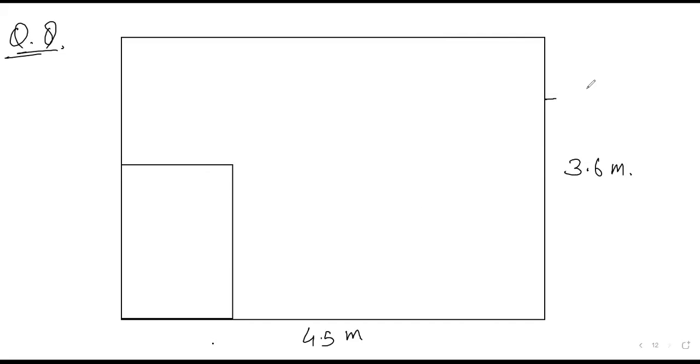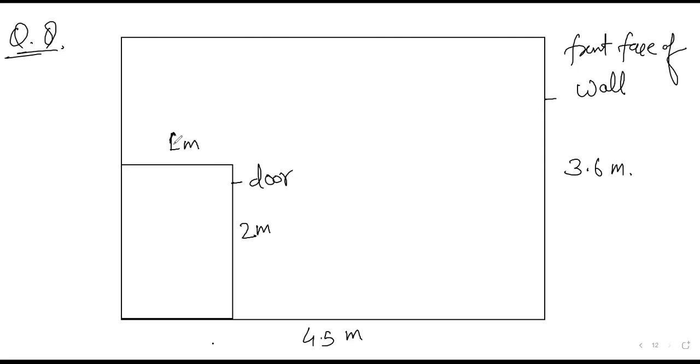This is the front face of the wall, and this is your door fitted in the wall. So this is your 2 meter and this is 1 meter, right?